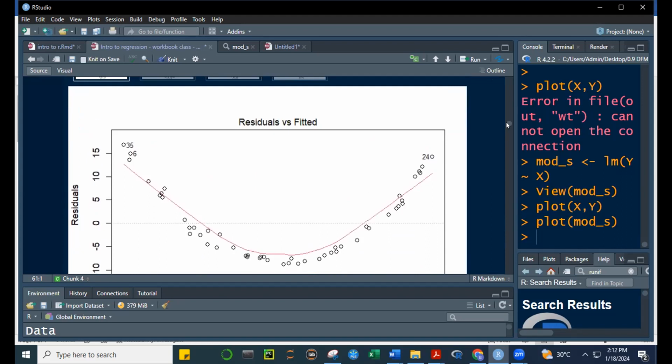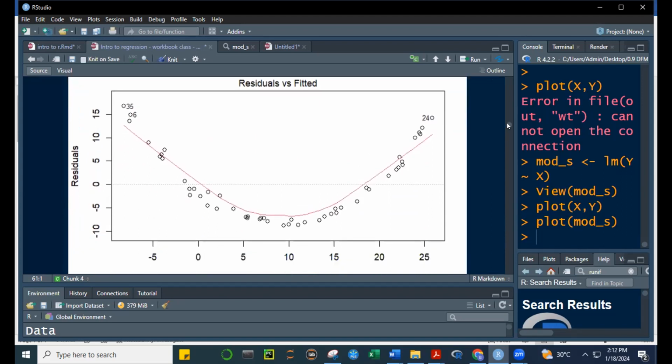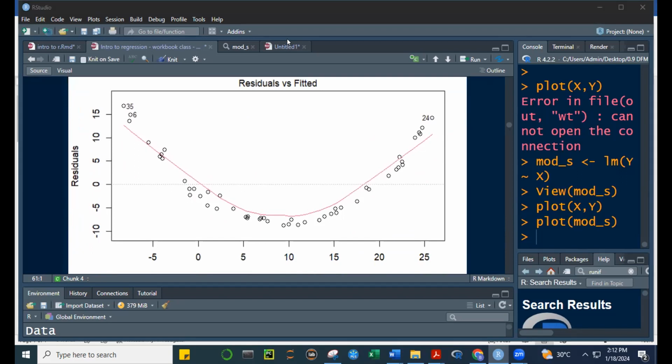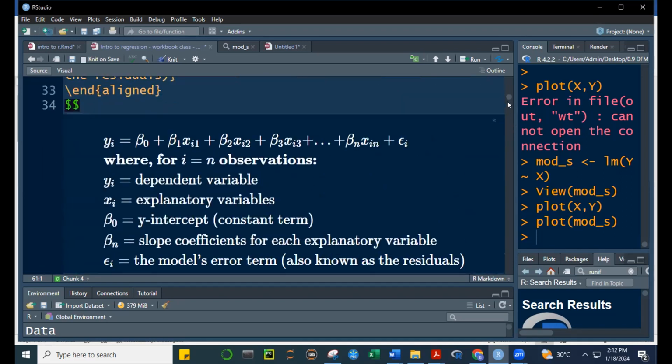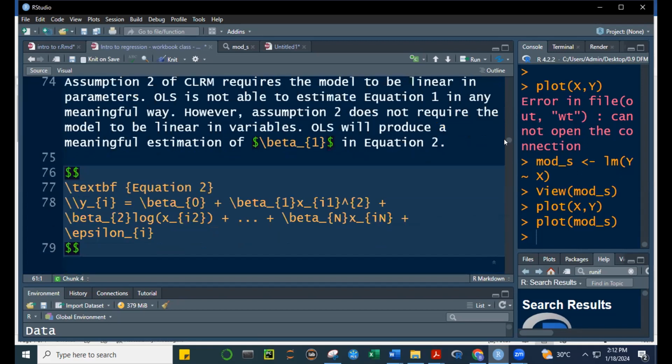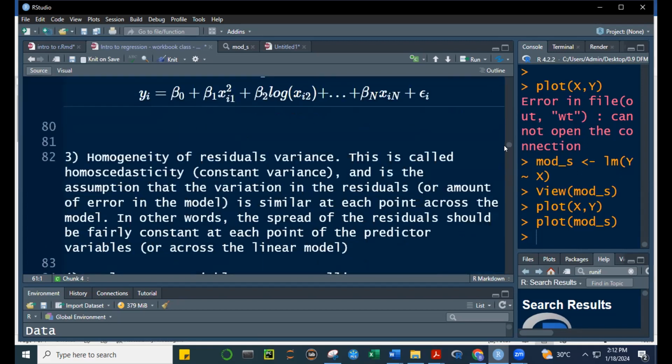So what do you notice about how your residuals behave? Comment, please, class. Any comment? How does your residual behave? In relation, class, to what we said a while ago, diba, one of the important assumptions of classical linear regression is homogeneity of residuals.